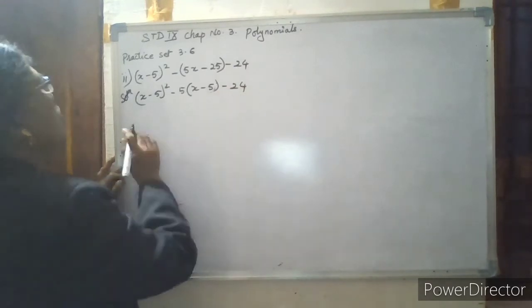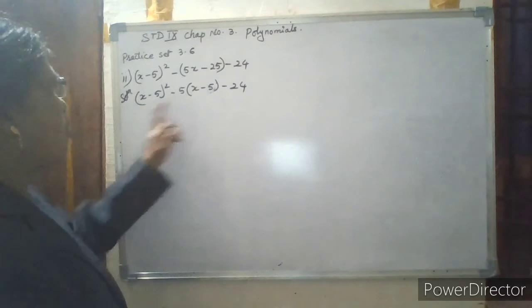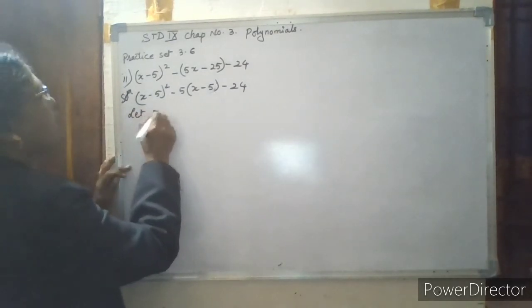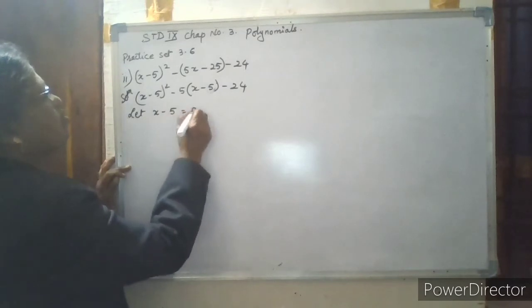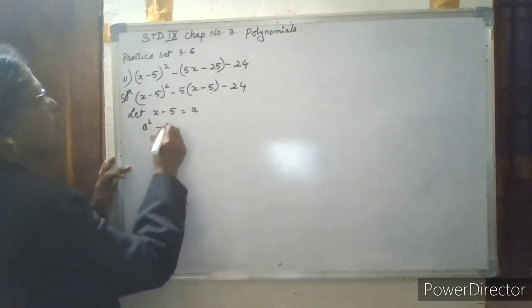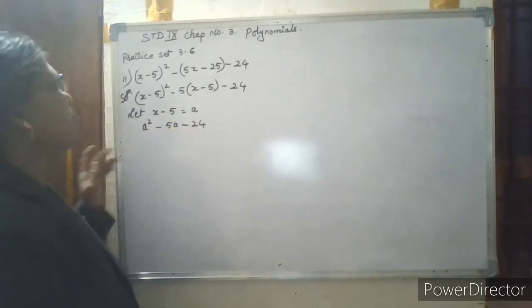Now see, x minus 5 is common here. So let x minus 5 be equal to a. So we have got a squared minus 5a minus 24. So this is a simple quadratic polynomial.